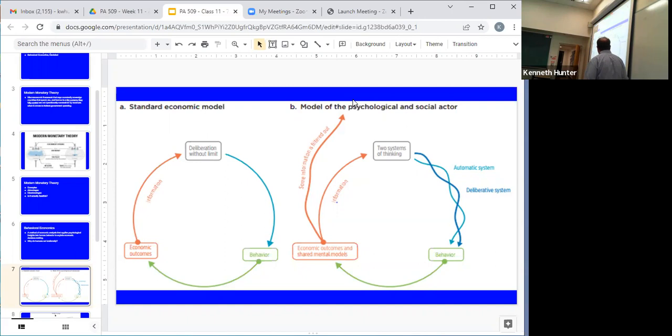However, the example on the right really gives us an idea of how it works, because you really have two different systems of thinking. You have your automatic approach, or the all-id approach, as it's known by psychologists, and then you have the more deliberative approach, which is more in line with the concepts associated with standard economics.